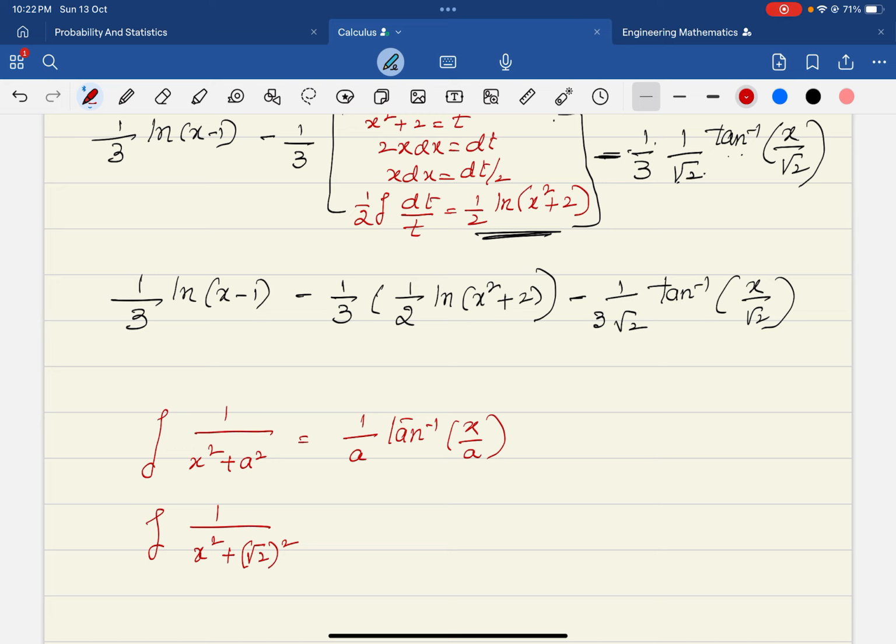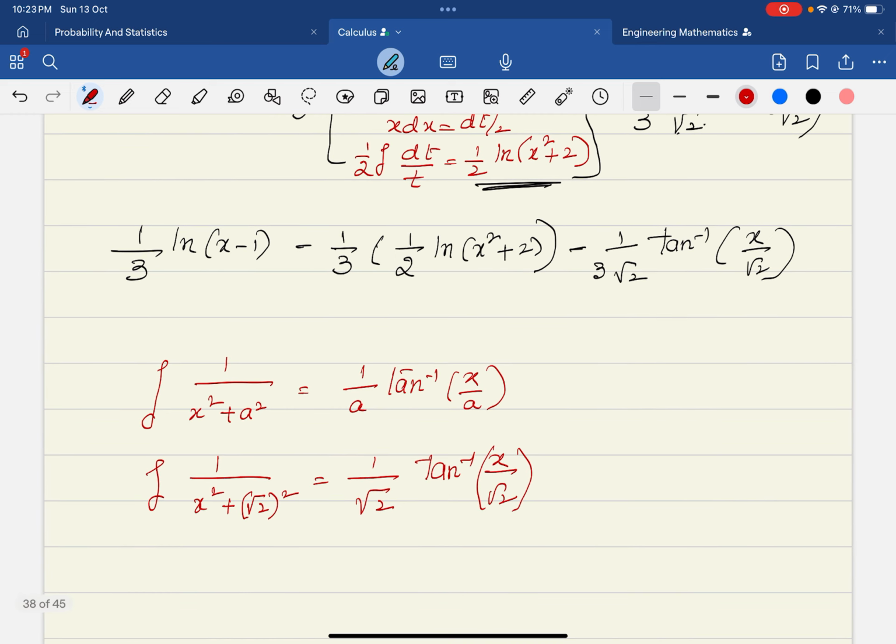Root and square get cancelled. So in the place of a you have root 2. So tan inverse of x by root 2. I hope you could understand this clearly. So this is the solution, plus c. I'm sorry, you should not miss plus c.